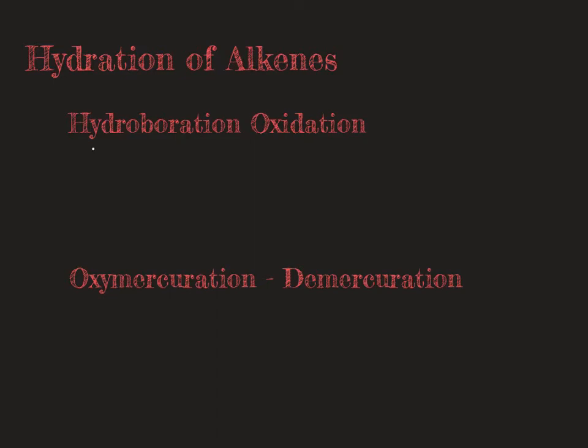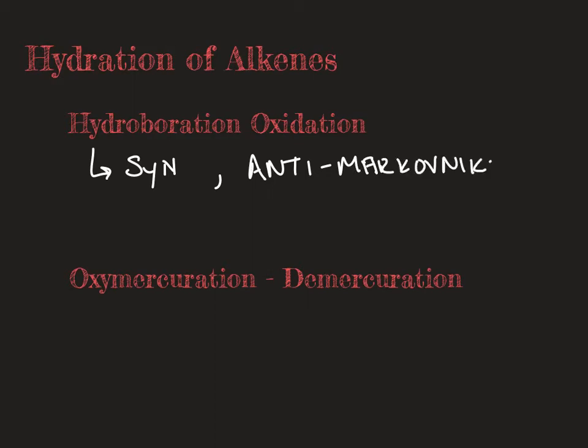With hydroboration oxidation, you're going to get a syn addition, meaning the alcohols are going to add to the same side of the molecule. And then you're also going to get anti-Markovnikov addition, which means the alcohol group is going to add to the carbon with the most hydrogens.